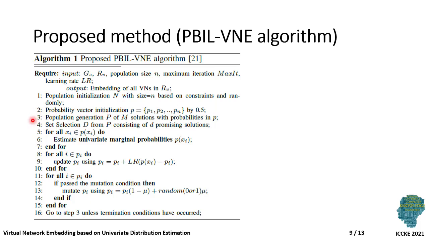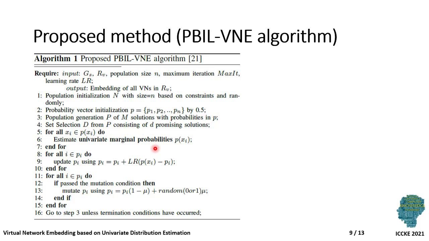Then we need to find the fitness of the individuals of the population, and also find the most suitable ones. For example, if our problem is minimization, we need to select the minimum fitness, and with selecting some of the population, we need to model the distribution.